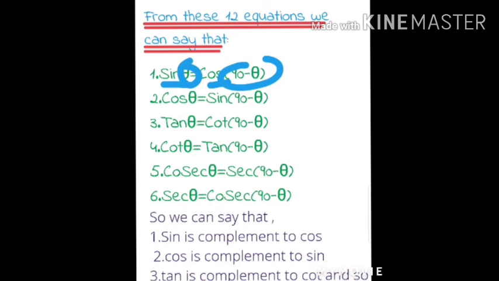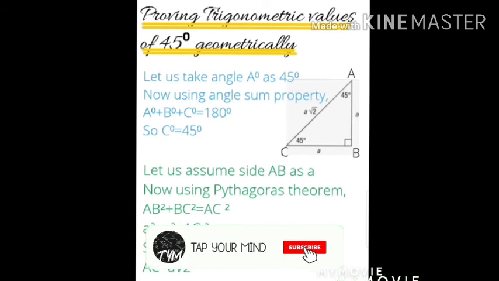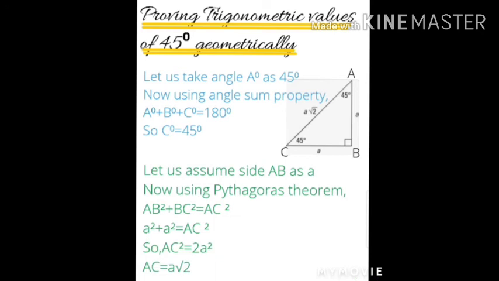We are going to see how to prove all the values of all trigonometric ratios of 45 degrees. The first step is to take a right angle triangle with one of the other two angles as 45 degrees.